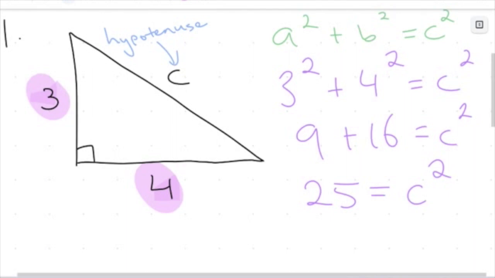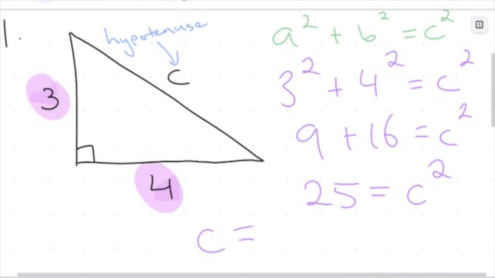So if I want to undo the squaring, I can take the square root of both sides. If I take the square root of c squared, I get c. If I take the square root of 25, I get the number that multiplied by itself gives me 25. And 25 is a perfect square, so we have a number.